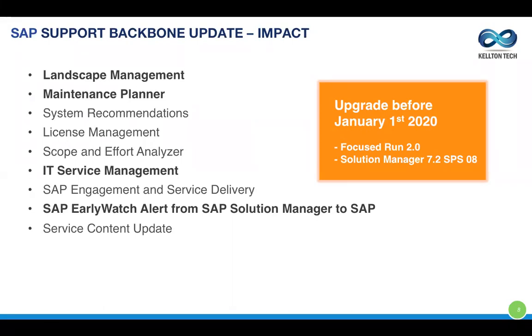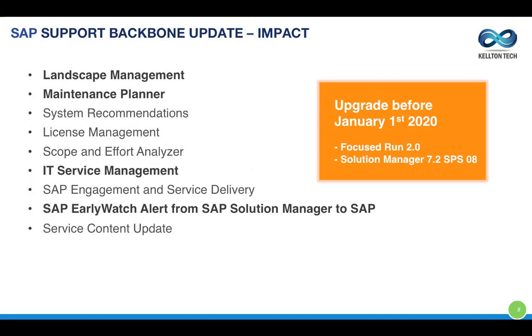So this slide is like a one pager. It tells you everything. What is impacted? What is to be done? Upgrade or update before January 1st, 2020, when the new support infrastructure kicks in. You will not be able to connect or get data from SAP or push data to SAP.